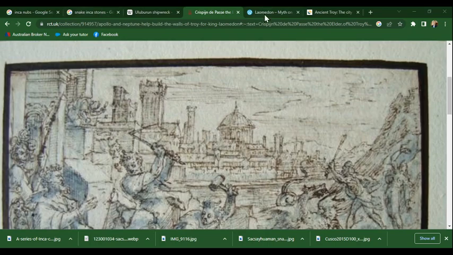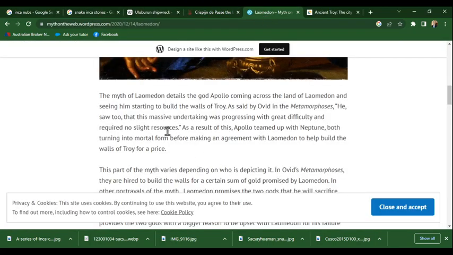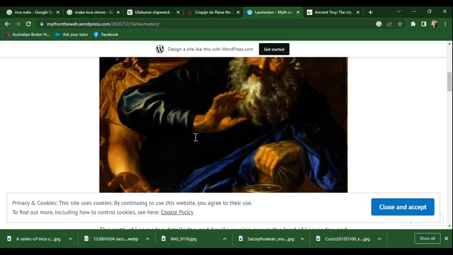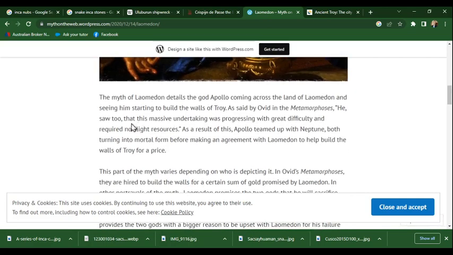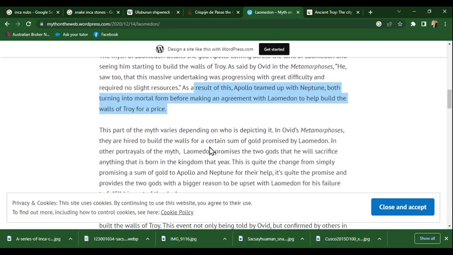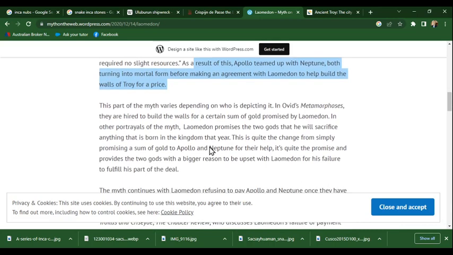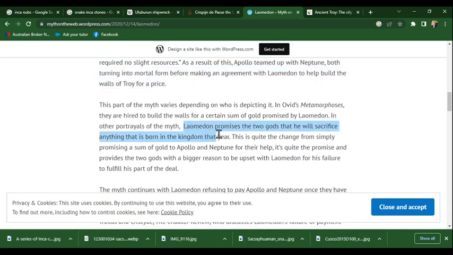And the story basically goes from Ovid, the king, Laomedon, said, the walls are going too slowly, we can't build them. Apollo teamed up with Neptune, both turning into mortal form before making an agreement with Laomedon to help build the walls of Troy for a price. And basically what happens is they don't get paid.